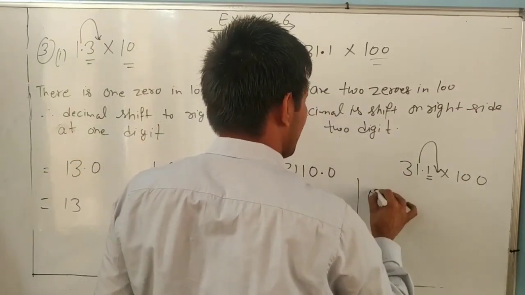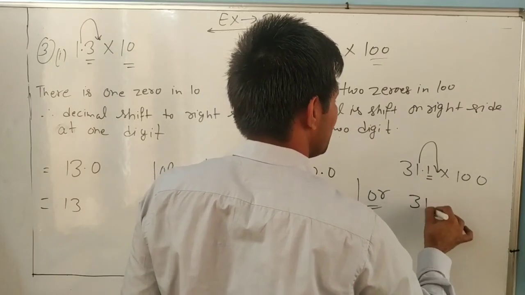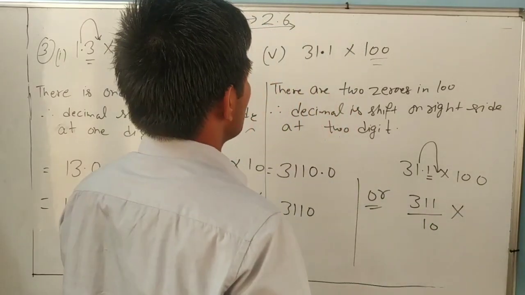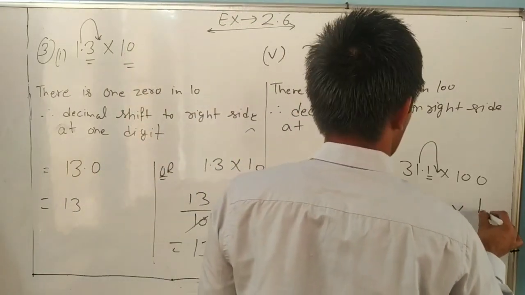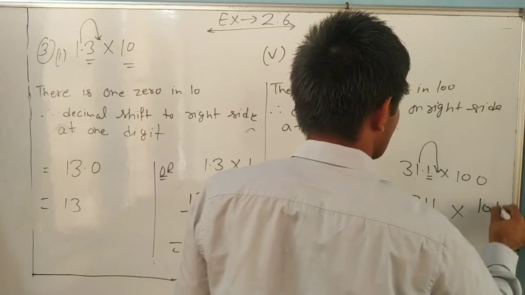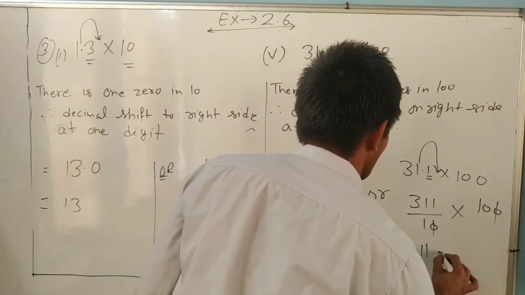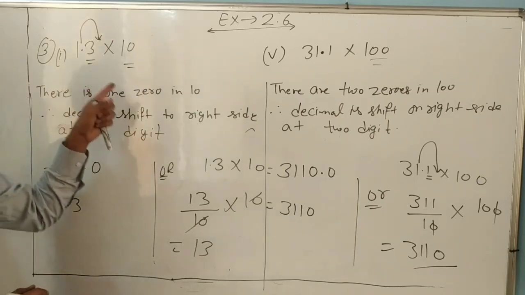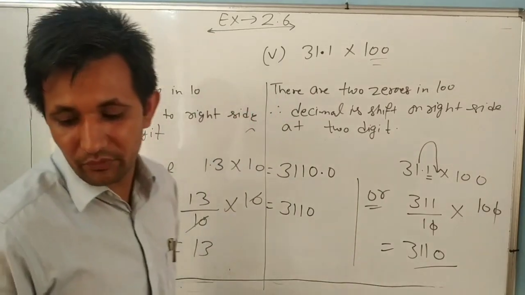Or we can find it like this: remove the decimal, 311 into 100, 0 cancels 0, that is 311. It is our answer. Understand? So if you know how many 0s, we can shift easily.